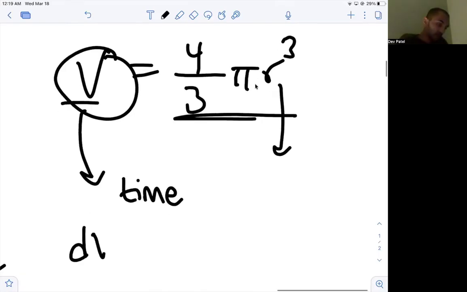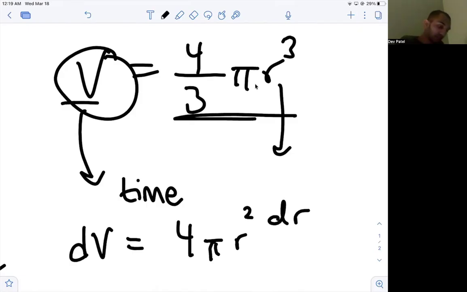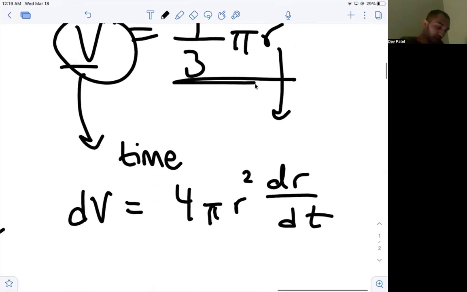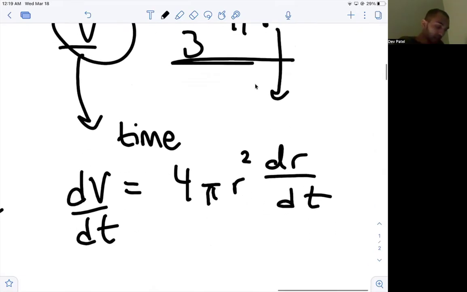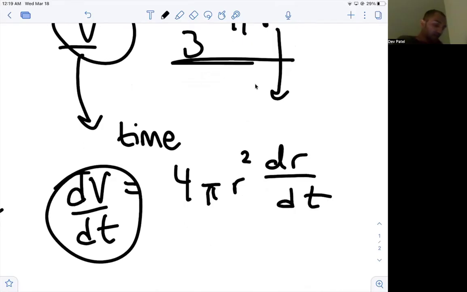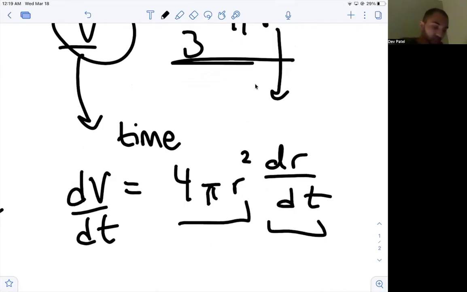We know that dV/dt, how much the volume changes as the time changes, equals 4 pi r squared times how much the radius changes as the time changes, dr/dt.